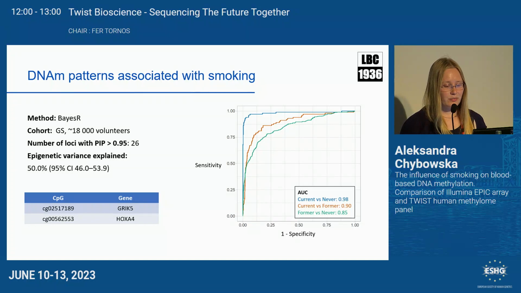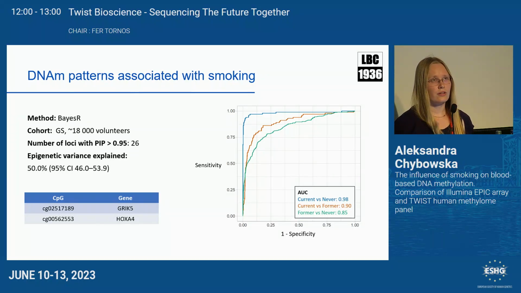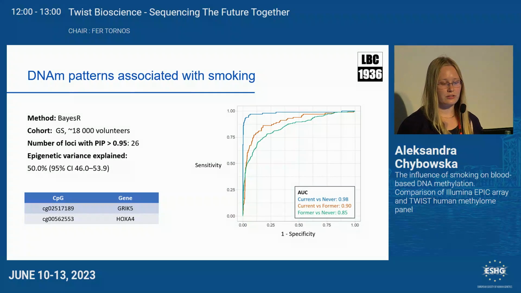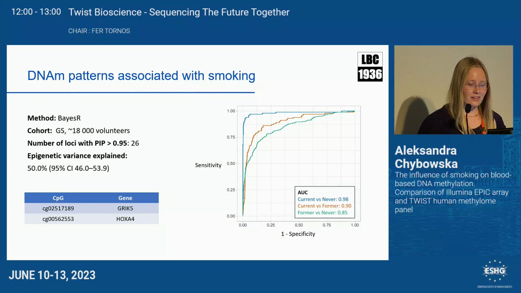And I need to mention here that the effects of smoking on the epigenome are so strong that this predictor can almost perfectly distinguish current smokers from never smokers. And it's not only my predictor, the previous versions of the same predictor did the same thing. So this is how bad smoking is.